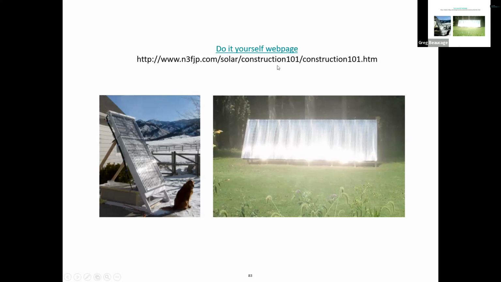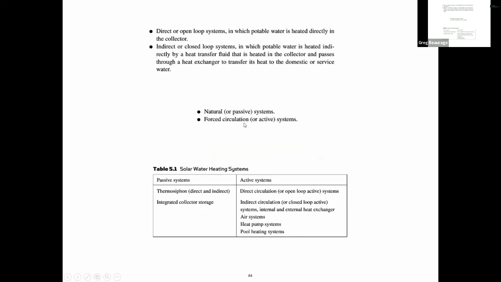So there's a lot of these do-it-yourself water heaters that people have made that you can see on the internet. There's a book called something like Renewable Energy for the Evil Genius that tells you how to make a water heater from an old radiator.